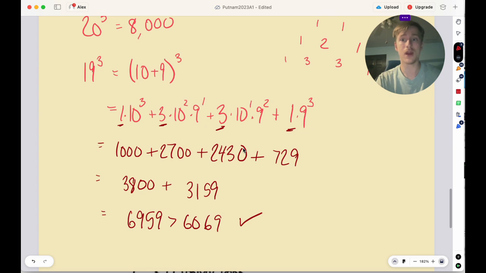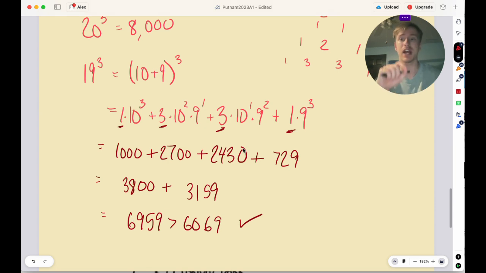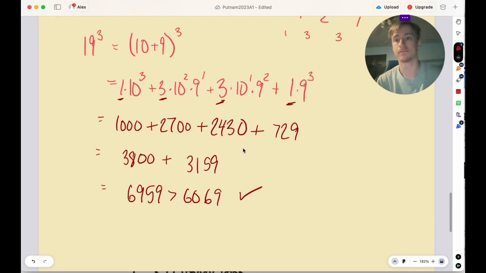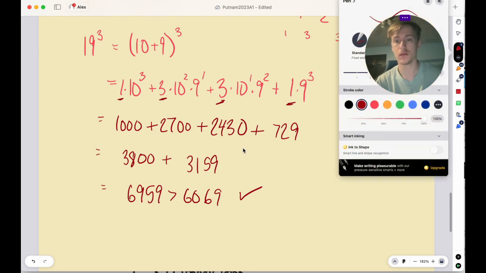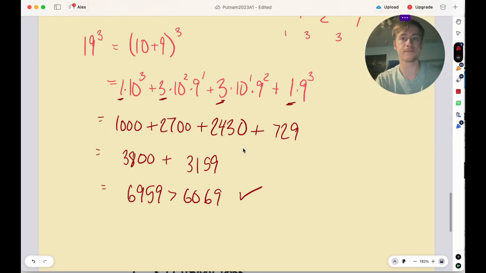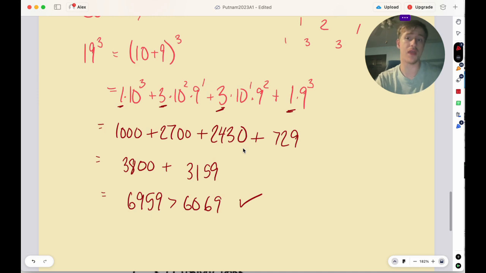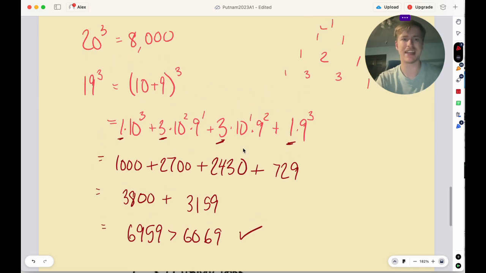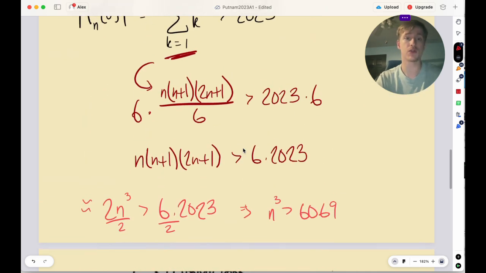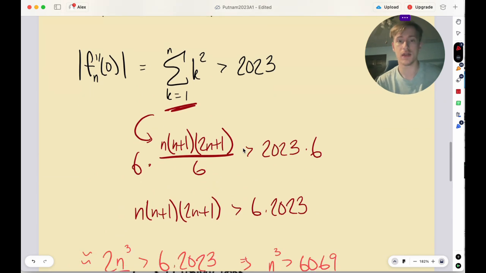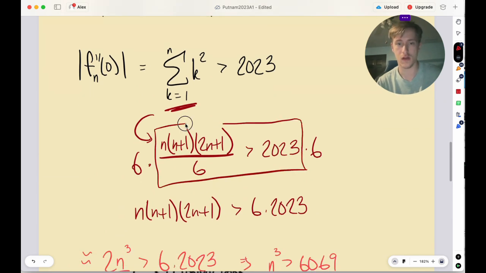No. What it means is we have to check if 18 works. And it turns out that 18 isn't going to work for this one. So now we have to go back to this equation and see if it works.